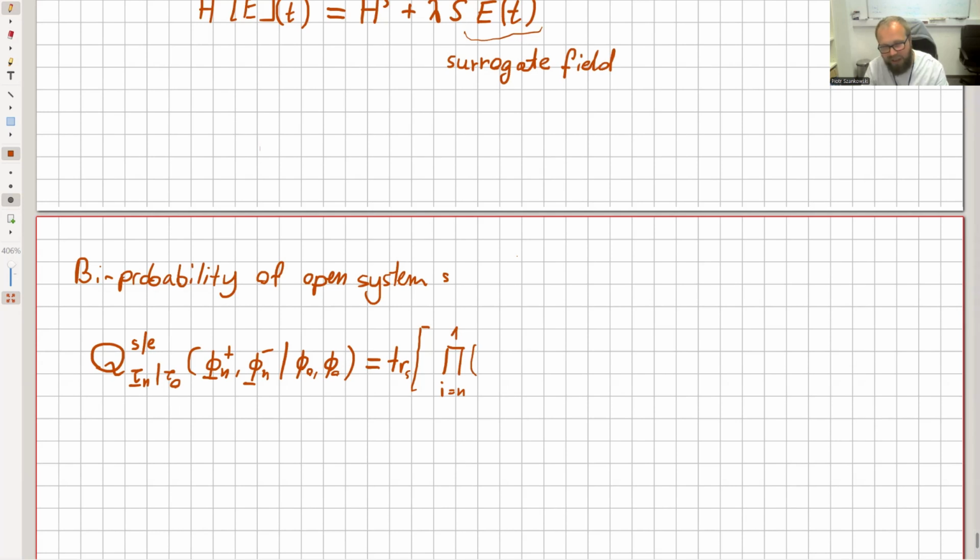We had projectors PS tau i, phi i plus, bullet, PS tau i, phi i minus. And we had propagators, time ordering over the dynamical variable Z, T i minus 1. So this is straight from the previous lecture.